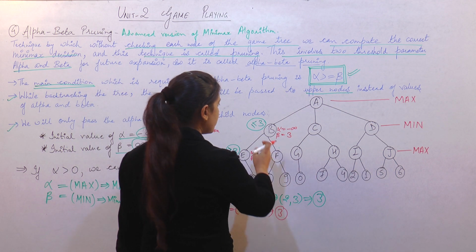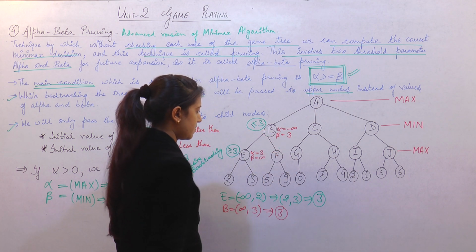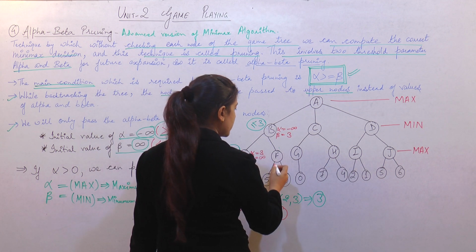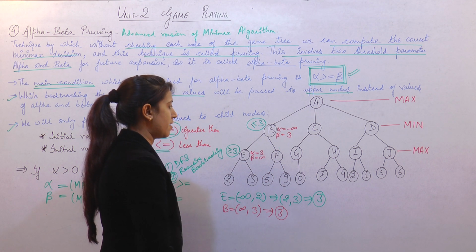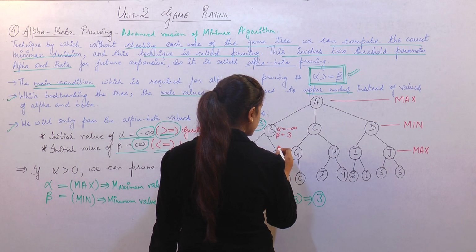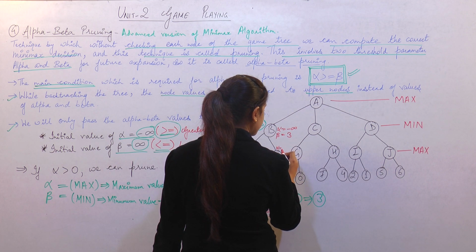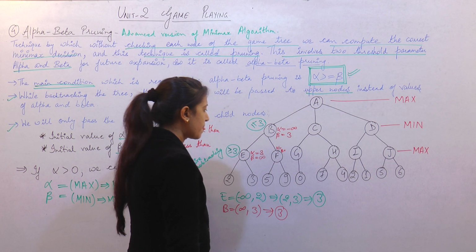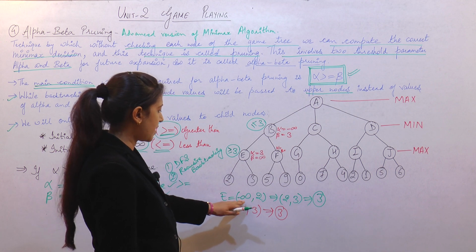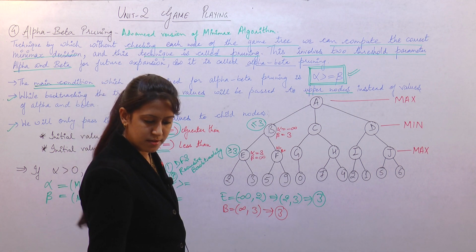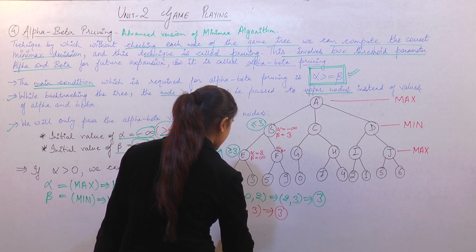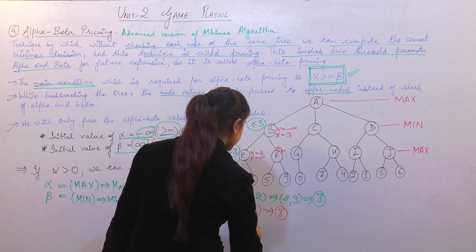After that we will come towards the node F. Now after coming towards the node F, we will calculate the value of node F and the alpha beta values. For node F we are having initial value as minus infinite.